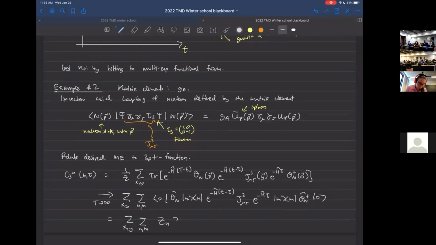So we have some constants, we have some energies, and now we have two different times sitting in here. We have T and tau, which are, if you like, the sink time and the operator insertion time. And then we have a matrix element.